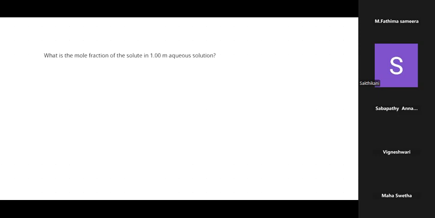What is the mole fraction of the solute in 1 molal aqueous solution? 1 molal solution means 1 mole of solute in 1000 gram of the solvent.